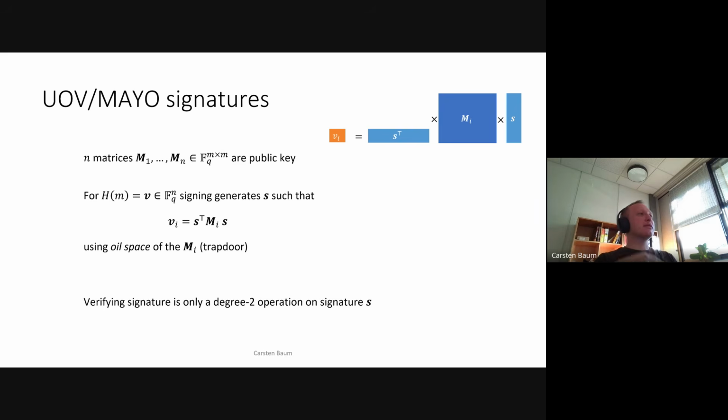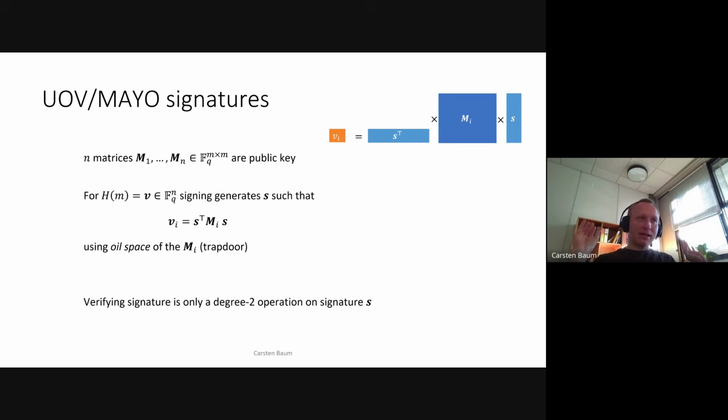You need these matrices to be formed in a certain way so that you can actually solve this system of quadratic equations, because normally it should be computationally infeasible to solve, or solutions should not exist. But the trick is that you set up these matrices in such a way that you can easily find such a pre-image S using what is called the oil space of these matrices.